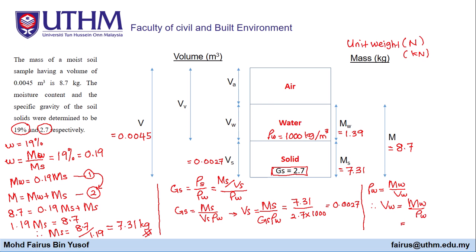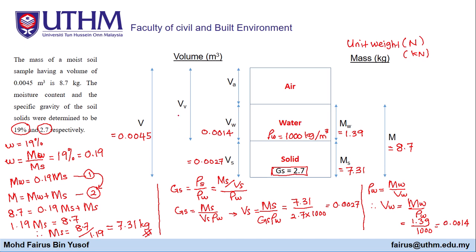So it becomes 1.39 divided by 1000, then you get the value 0.0014, and you write here 0.0014 cubic meter.